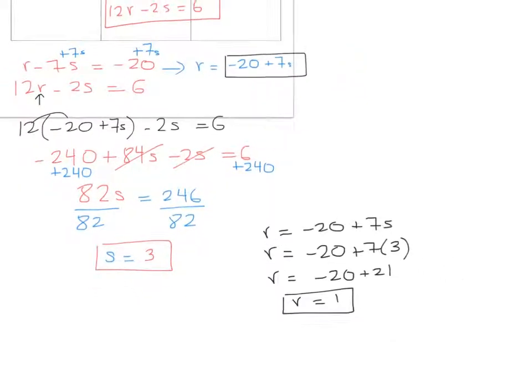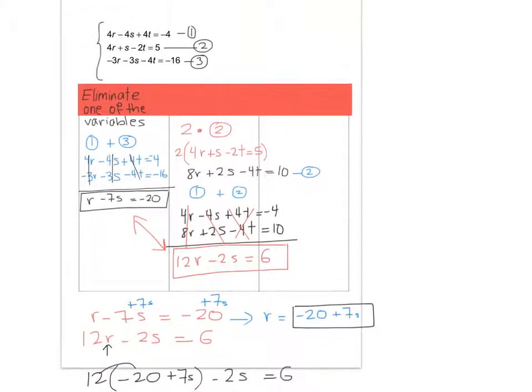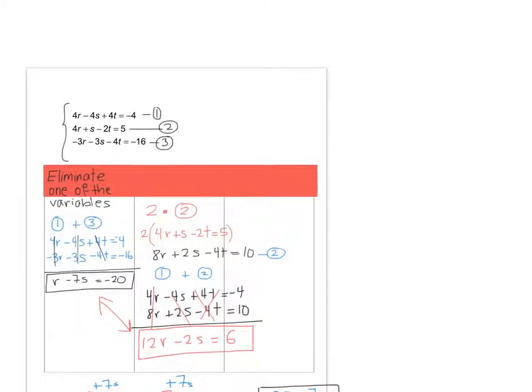Now remember, there's 3 variables. There's r, s, and t. So go back to any of the first equations. So let's say number 1, 4r minus 4s plus 4t equals negative 4. And let's plug in what we found r and s to be in order for us to find t.